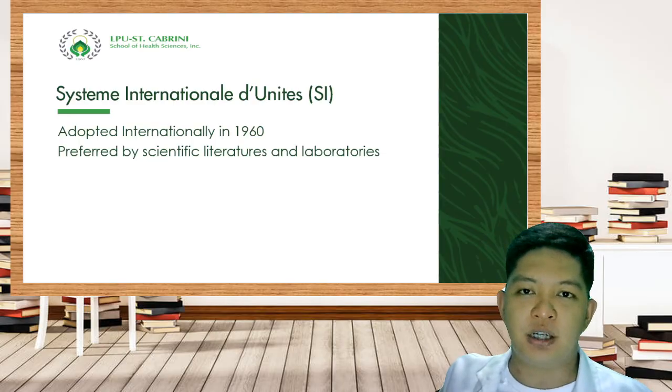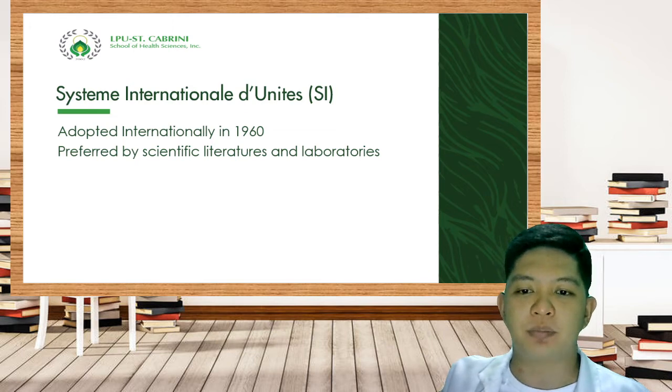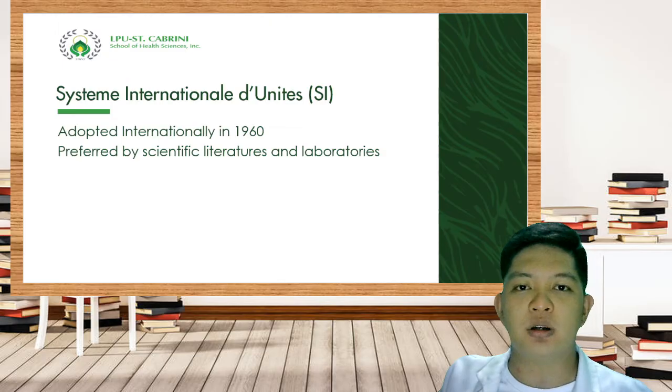Using these international units, we'll be able to know, let's say, the amount of the analyte, the quantity of the analyte. For example, creatinine. Okay? What is the concentration of creatinine present in your blood? Say, in traditional unit or conventional unit, we use milligram per deciliter.